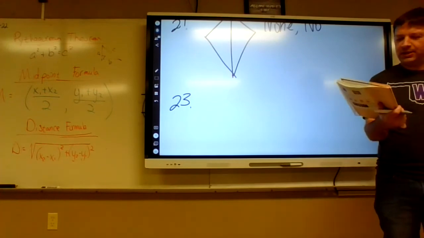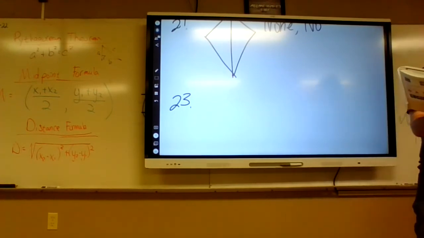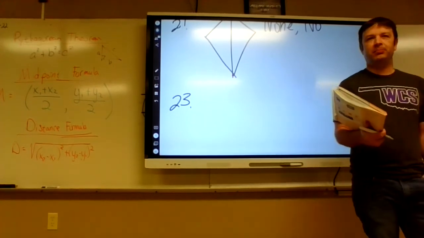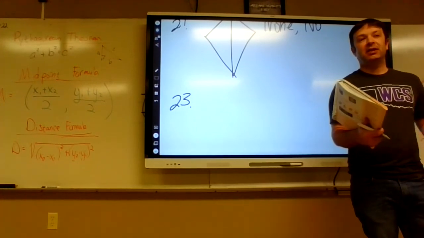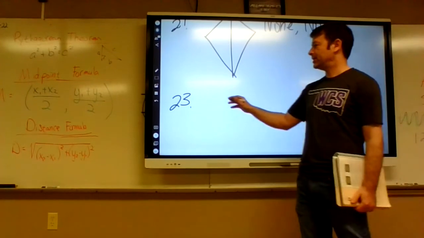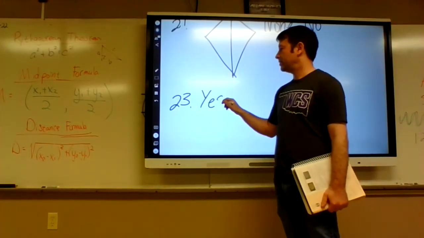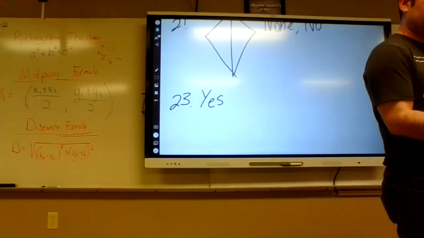Okay, 23. Does a figure with 90 degrees rotational symmetry also have point symmetry? Yes, because you can turn it 90, 90, which makes 180. So yes. Okay, we probably should talk about 24 because we didn't really talk about order.